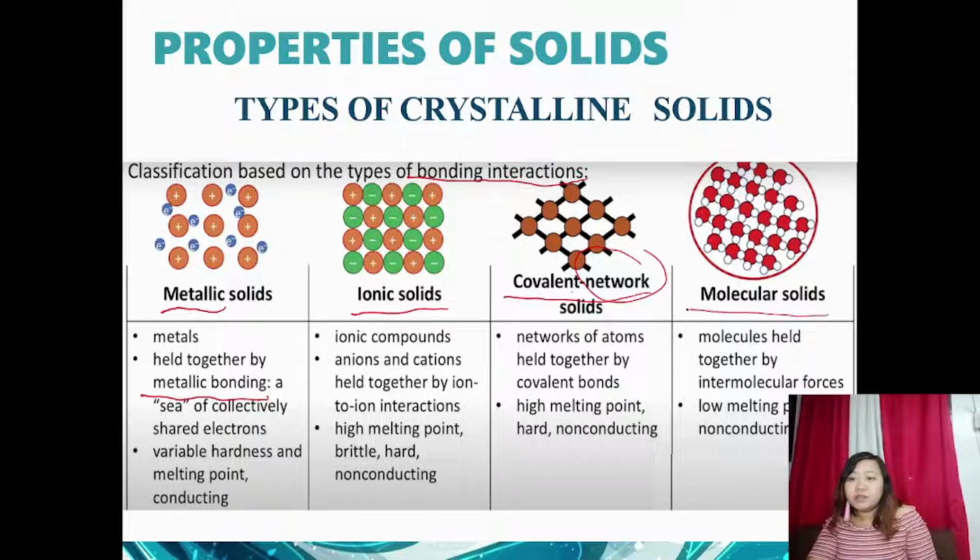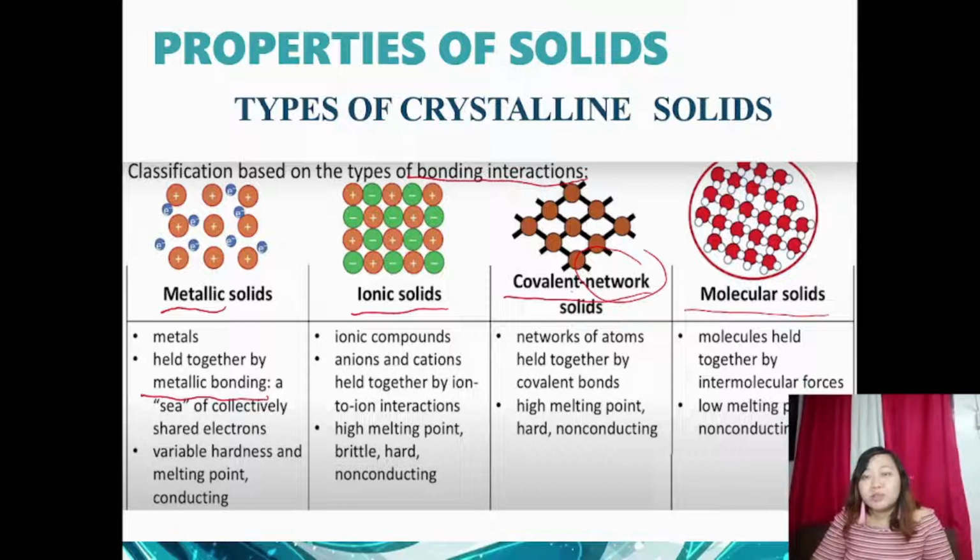For molecular solids, these are types of solids brought about by the bonding forces of H bonding, and other intermolecular forces such as dipole-dipole moment, London dispersion forces, and the likes. They have a low melting point and are non-conductive.